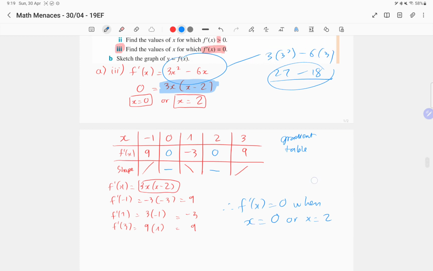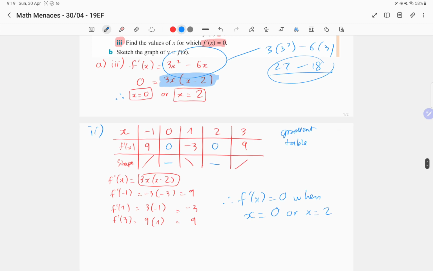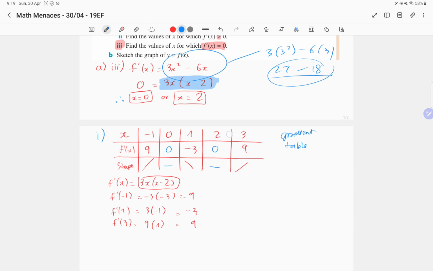At this point here, this is the end of A3. The table is actually, let's do A1 and A2. At this point, x equals 0 or x equals 2 is the end of A3. So let's just say we're working on A1. Let's start from A1 first.